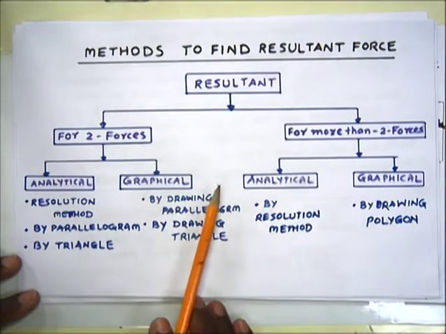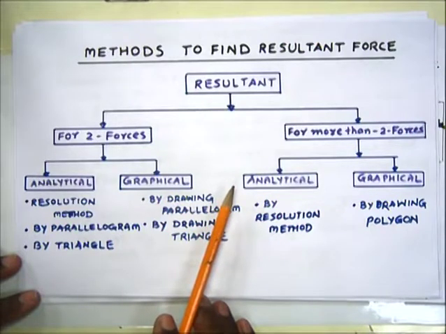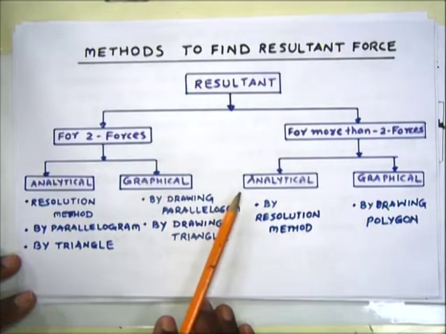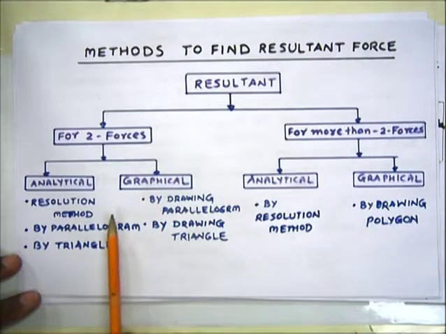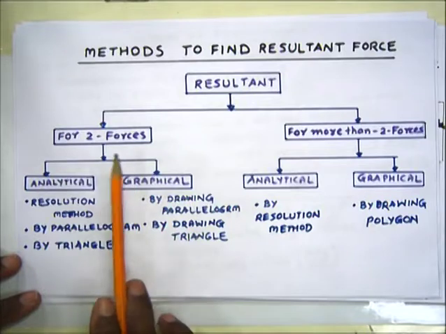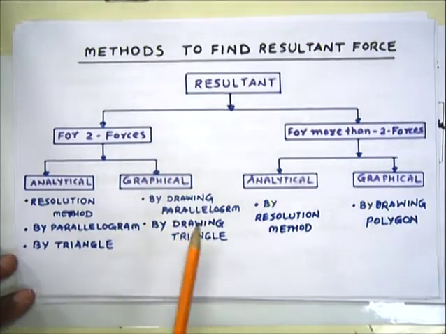So the resolution method is common for any category or any number of forces, while the parallelogram law and triangle law are specific methods for finding the resultant of two concurrent forces only. These two methods we can't use for any forces except two concurrent forces.